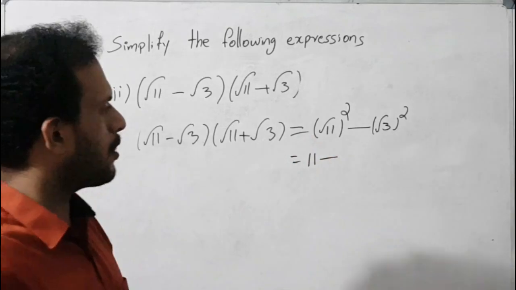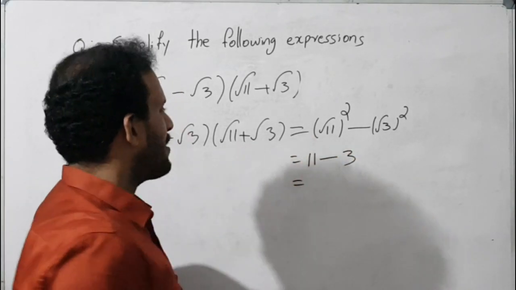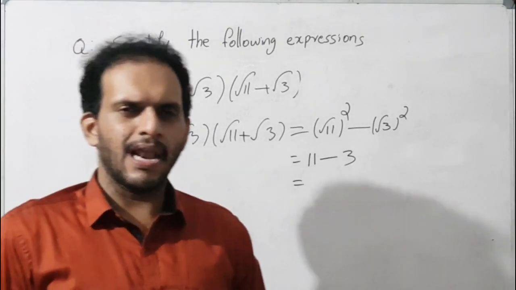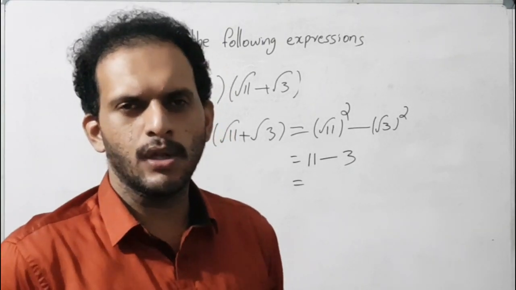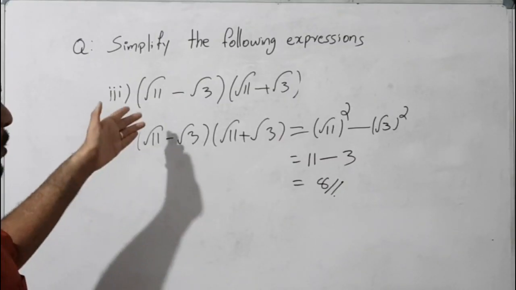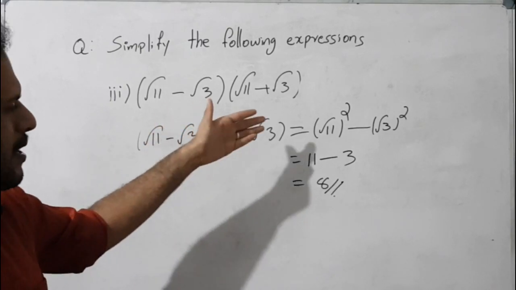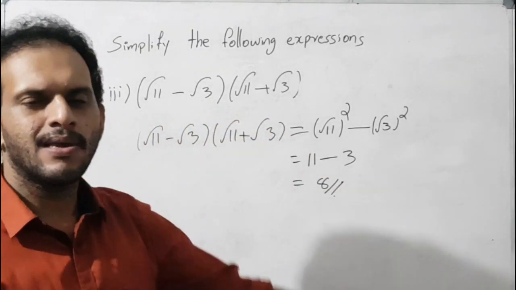The square of root 3 is 3. So what is 11 minus 3? The 11 minus 3 is equal to 8. So root 11 minus root 3 into root 11 plus root 3, the answer is 8.